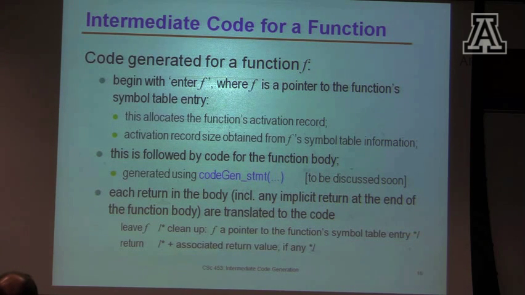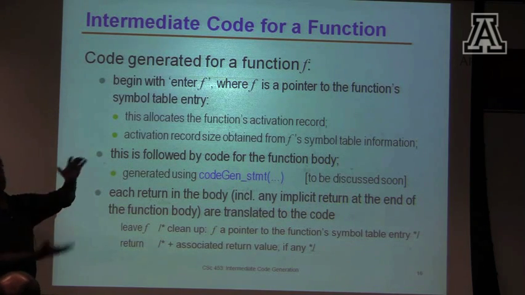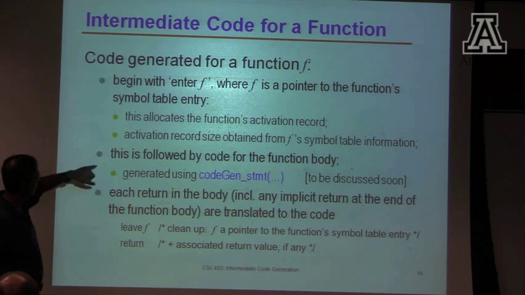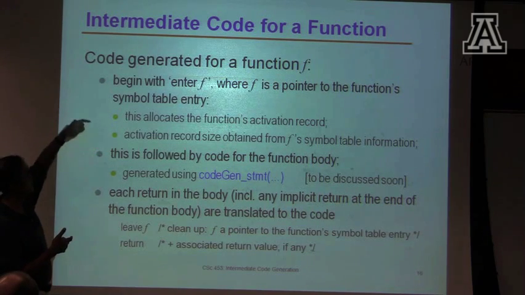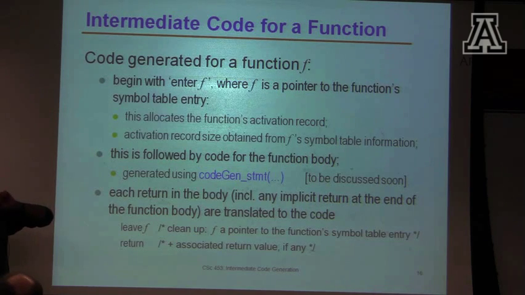Okay. So then, after enter, we follow that by the code for the function body, which is a bunch of instructions. Remember, in your source program, when you enter a function, you begin with the formals and the local variable declarations. So there's a bunch of declarations. But what's happening is those declarations are going into the symbol table. They aren't generating code.